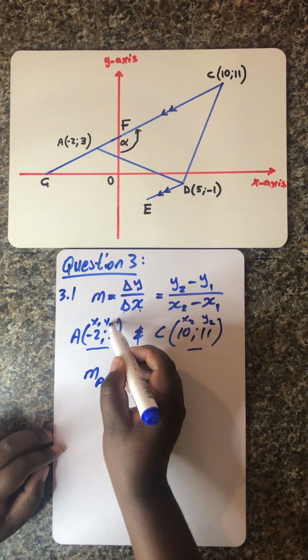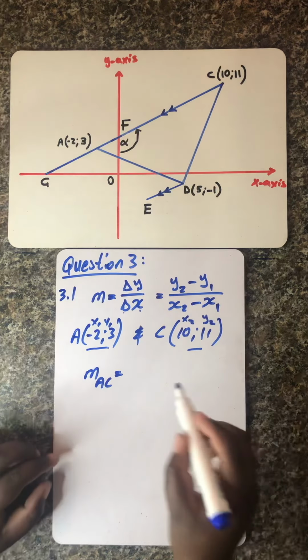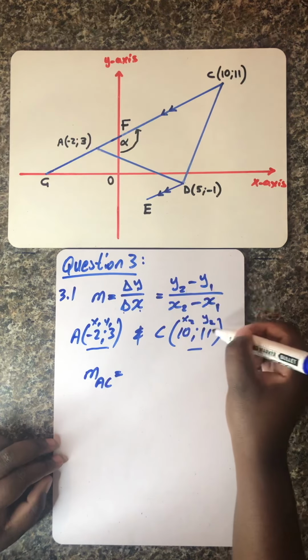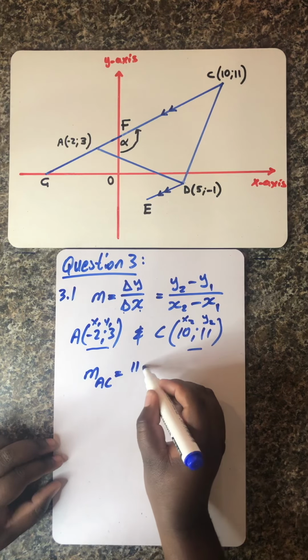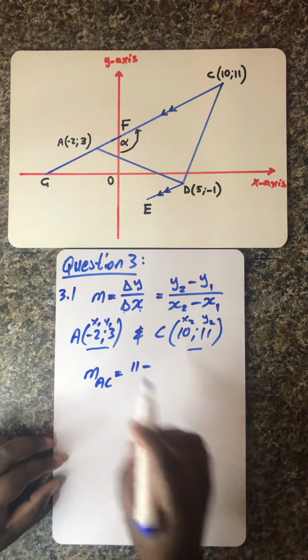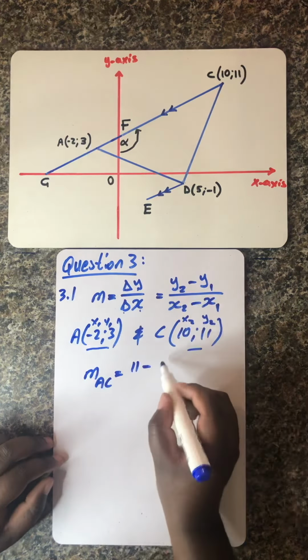Okay, so now let's just substitute all of this into that formula. Ladies and gentlemen, I don't think this is a difficult question. So obviously y2 is that one which is 11, then you can subtract y1 which is 3. Okay, so guys, in most cases I substitute in brackets when I've got a negative number.